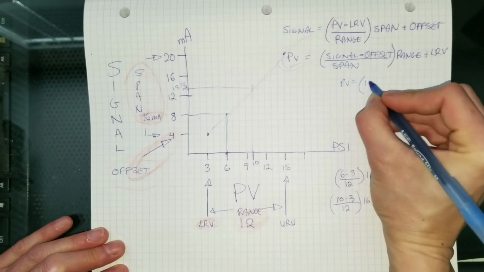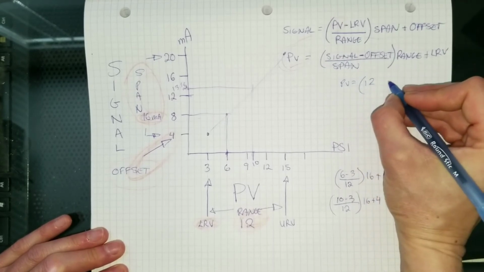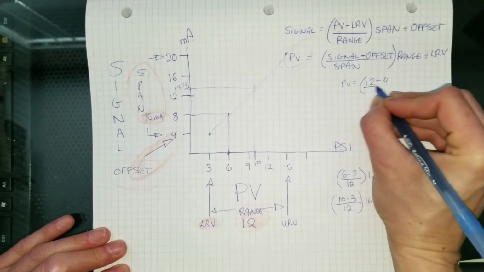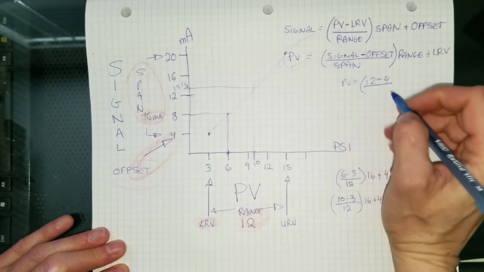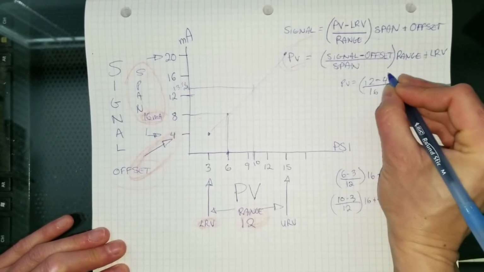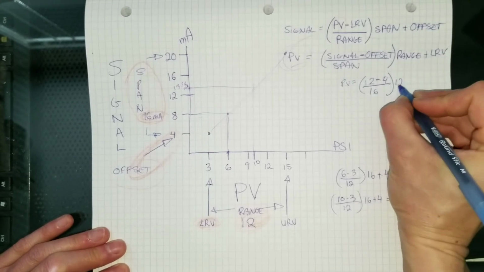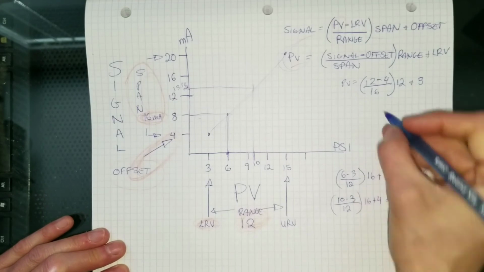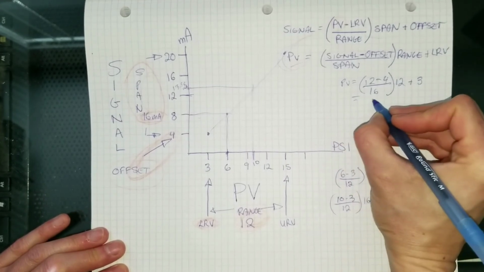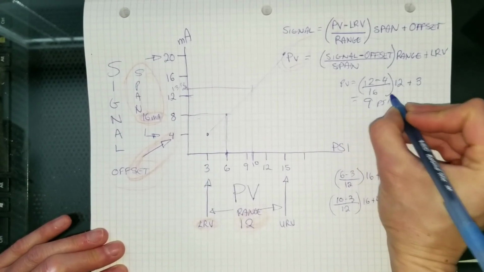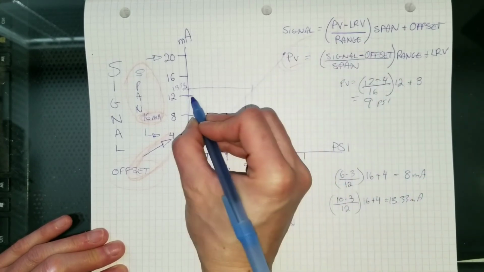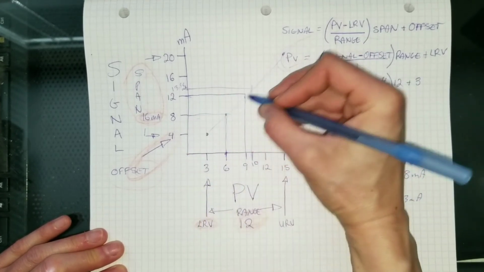So if our signal is 12 and our offset is 4, well, we're going to divide that by our span, which is 16, right? Times our range, which is 12, plus our lower range value, which is 3. That gives us 9 psi right there. So that makes sense. Look at that. That lines up very, very well right there.